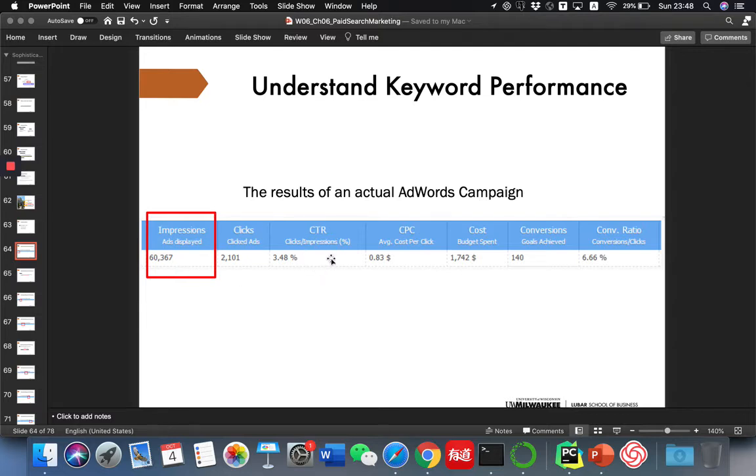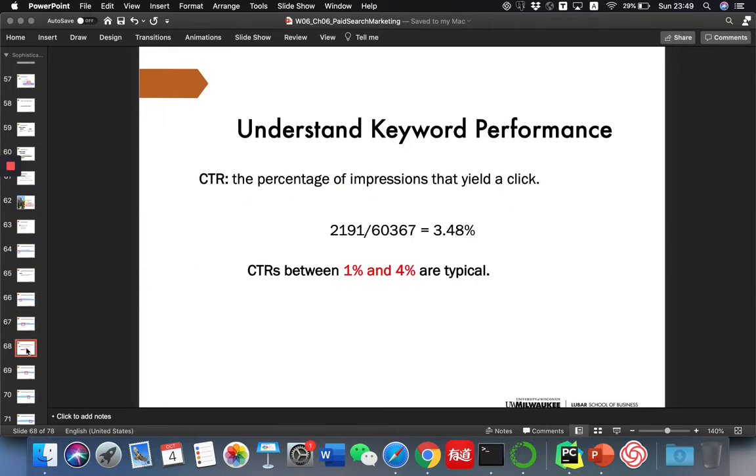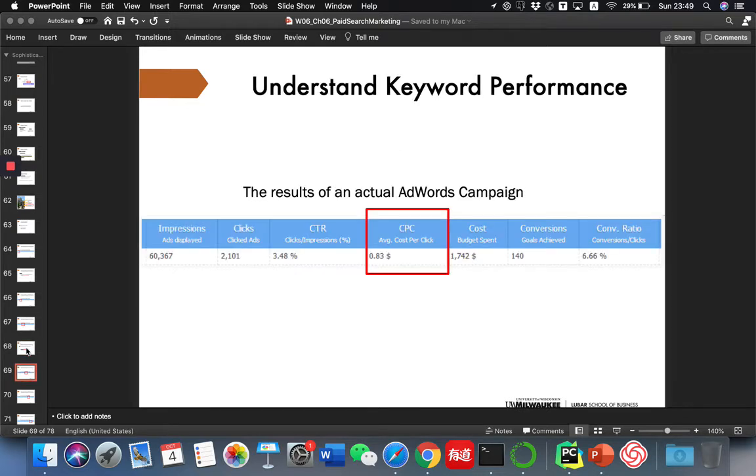We get 3.48%, which means for every 100 impressions, there will be more than 3 clicks, right? For CTR, something between 1% and 4% is typical.